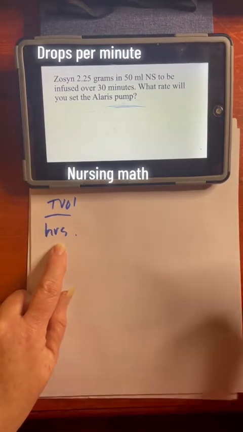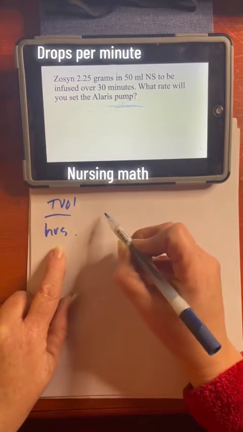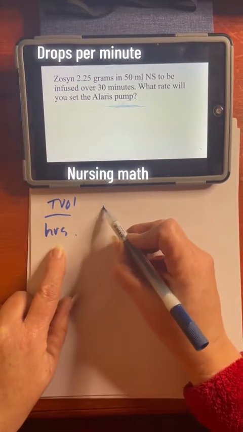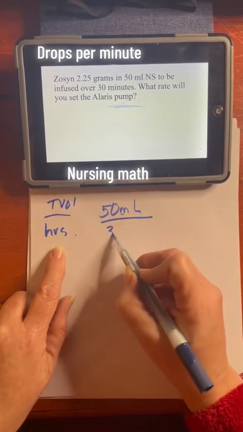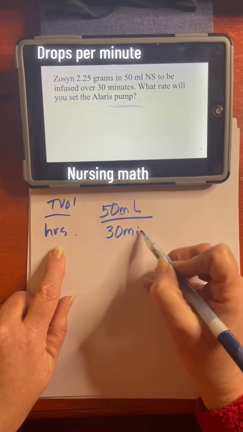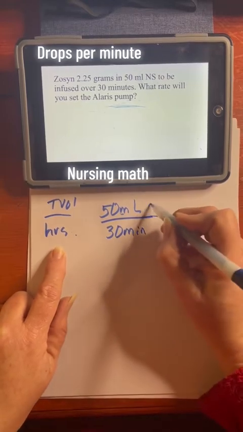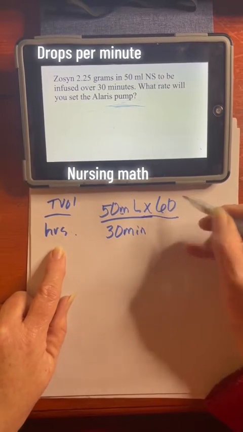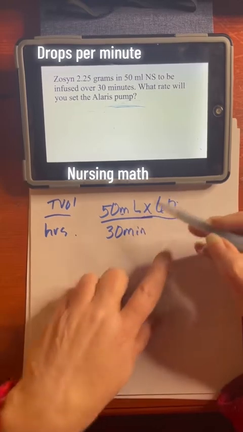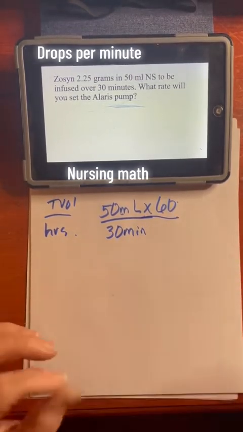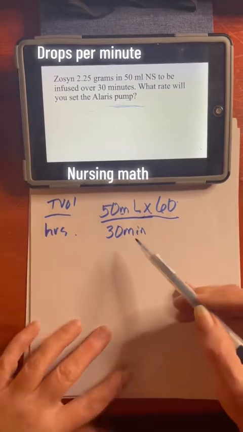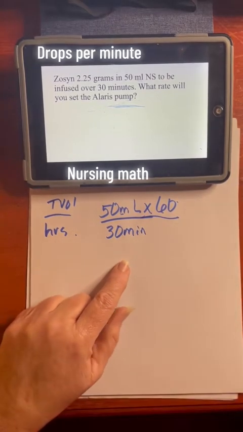And in previous videos, if you've watched them, you know that I'll do the total volume, 50 milliliters, and I'll put divided by 30 minutes, but I'm going to come up here and tell the problem that we're dealing with a 60-minute hour, or else they're going to think 30 minutes is a full hour. I hope you get that.